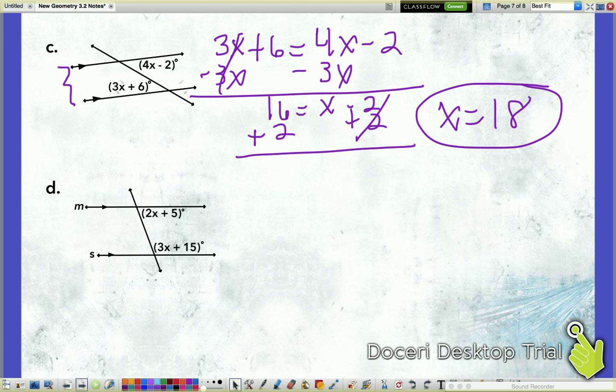You can just do one, but if you want to check your work, then do both of them. 18 times 4 minus 2 is 70. So this angle here is 70, and this angle here is 70. If for some reason you get a different answer, you need to go back and check your work.